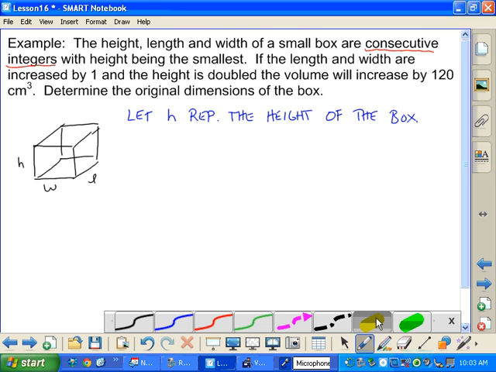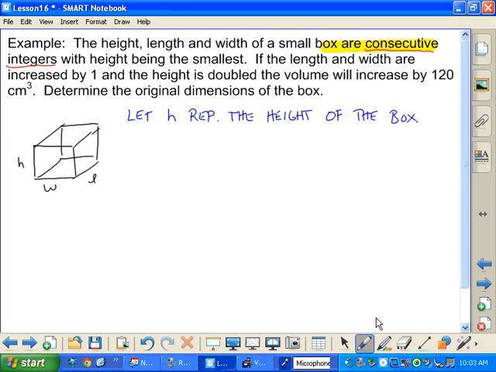Now going back to the statement, it says the height, length, and width of a small box are consecutive integers. So that being said, if h is the height, then what will width be? Width is going to be the next number, and I said consecutive integers were 1, 2, 3, 5, 6, 7. So h plus 1 is going to be the width.